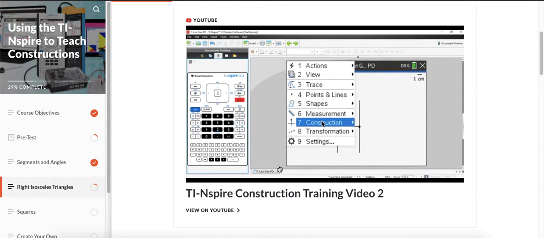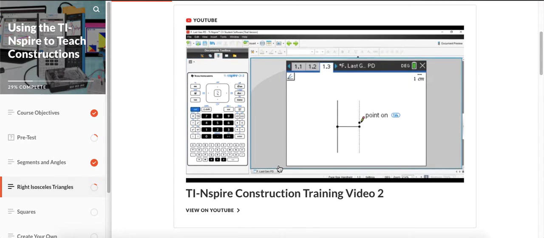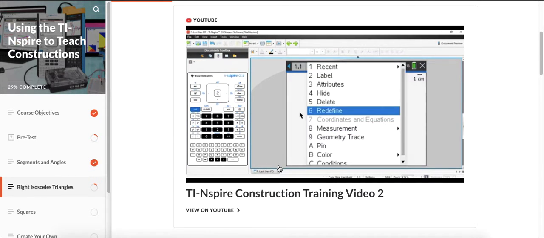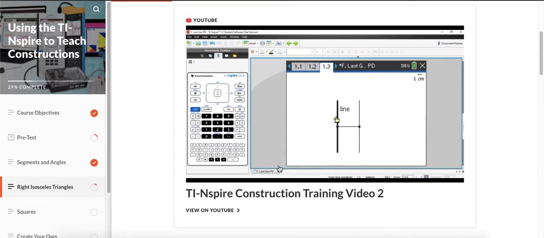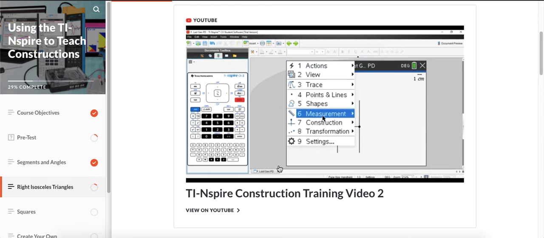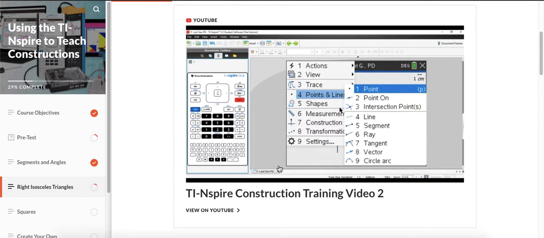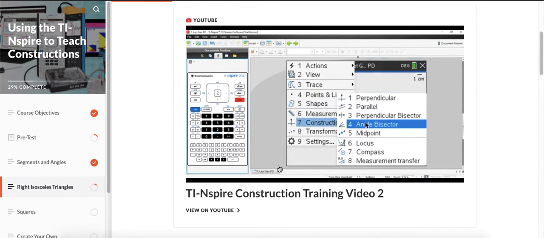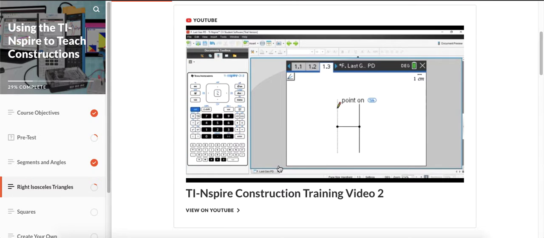These are complex constructions by hand that hopefully the teachers will see are significantly easier with the use of the calculators. When we get to the fourth and final lesson, teachers will be tasked with creating their own construction of a polygon or an object of their choice. I suggest a parallelogram to them to try out the features of parallelograms on the calculator, but it's entirely up to them.